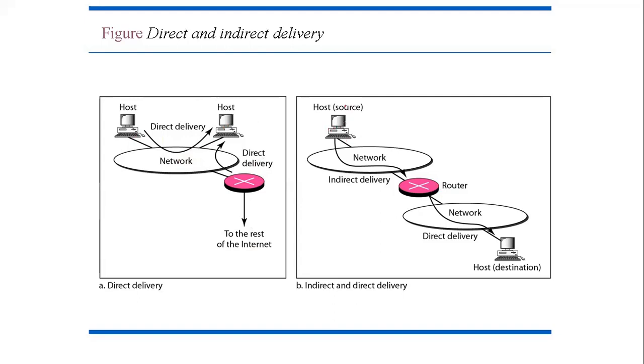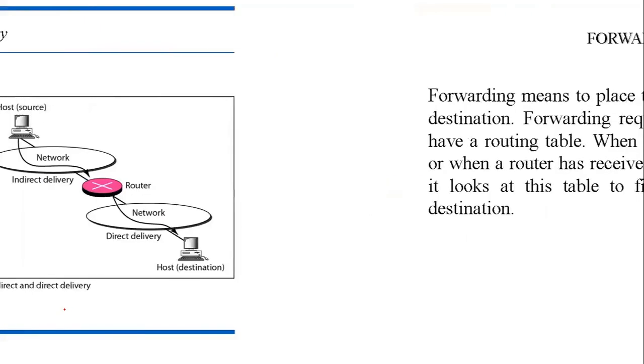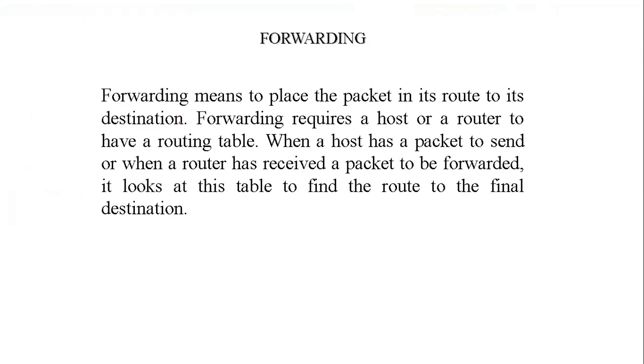Suppose we are sending from a host or the source to another destination, then the system will perform an indirect delivery to a router, and the router then will perform a direct delivery if it is in the network. So this router is connected to this network, right? So it can perform a direct delivery. This is the example of direct and indirect delivery. Now we will come to the next topic, which is forwarding.